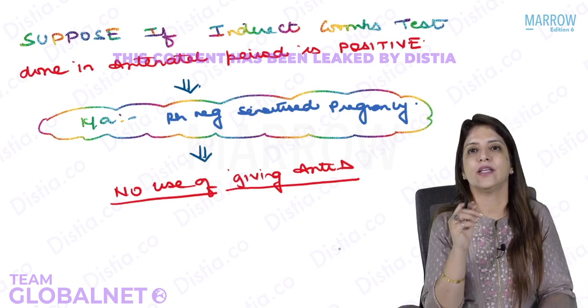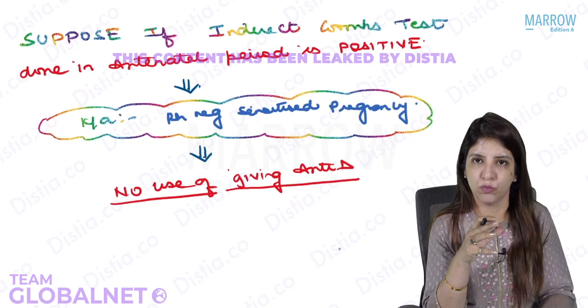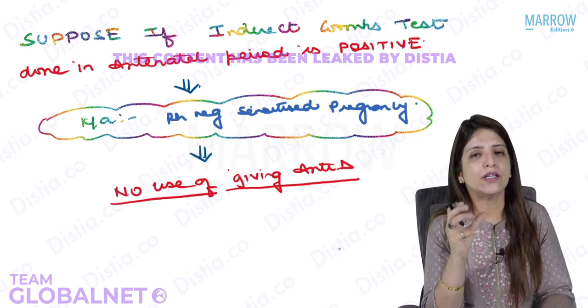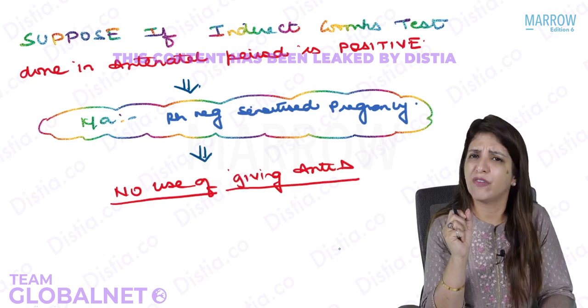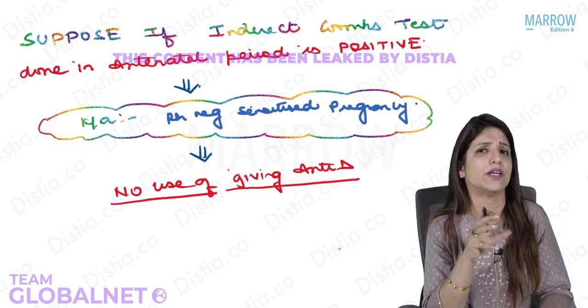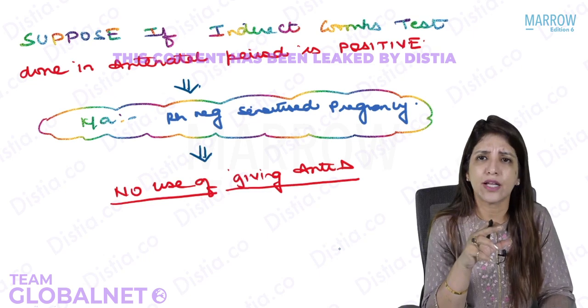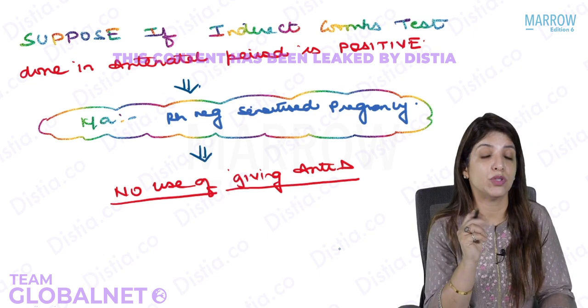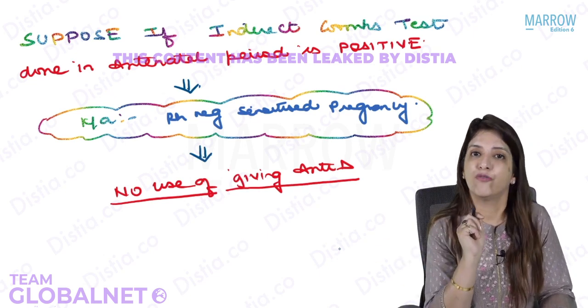So the second thing is, if I see that indirect Coombs test is positive, now my mind is thinking whether the antibodies are produced in significant amount in my patient or in less amount. Because if they are in less amount, still the fetus is safe. But if they are in significant amount, I'm worried about the fetus.